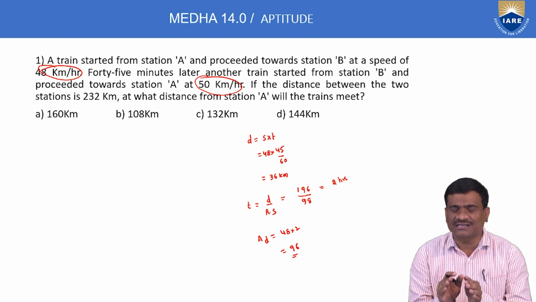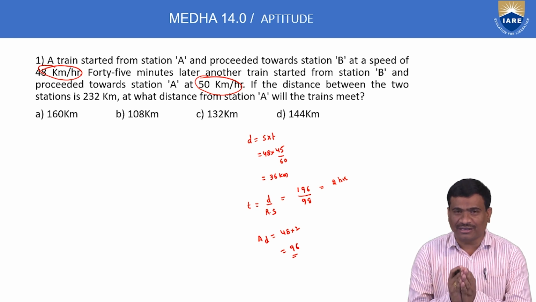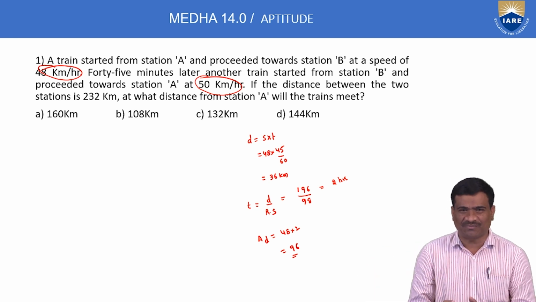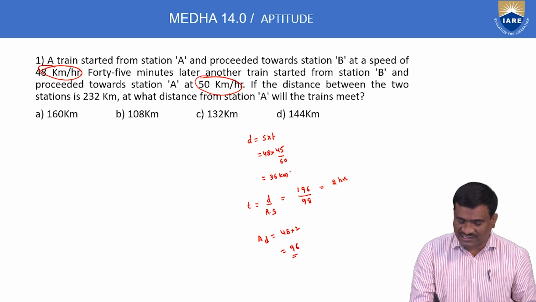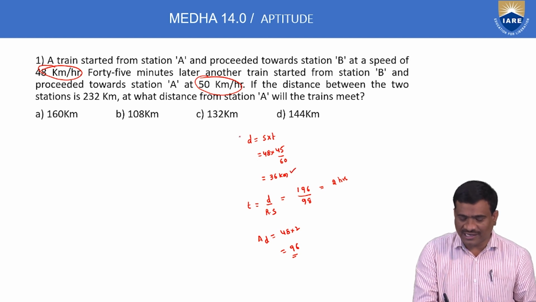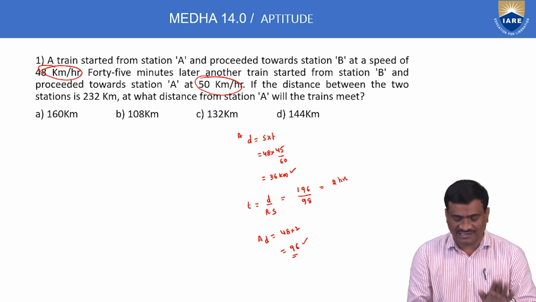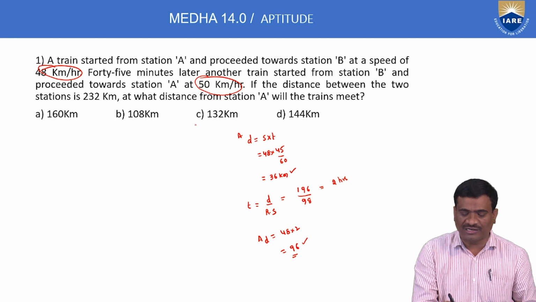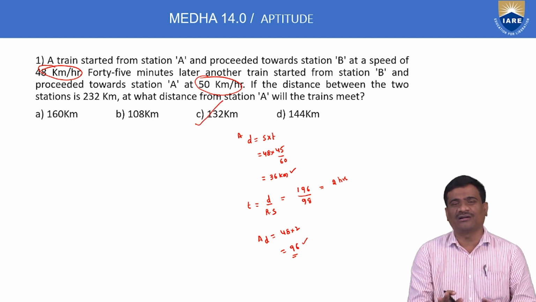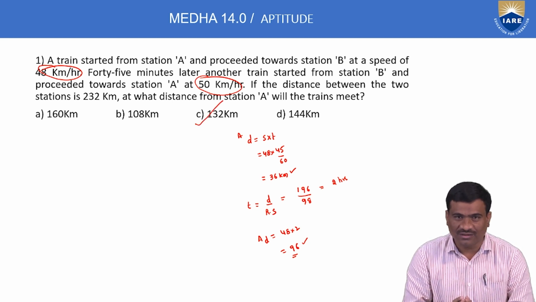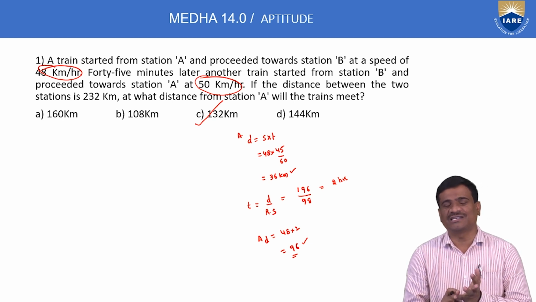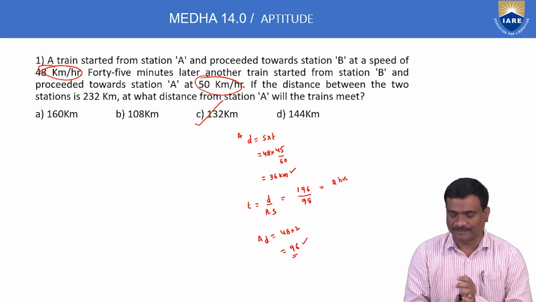Total distance covered by train A up to the meeting point: case 1 is 36 kilometers and case 2 is 96 kilometers. Then total distance 36 plus 96, 132 kilometers. Option C is the answer. This is the method. That was the first one, time, distance and speed application.